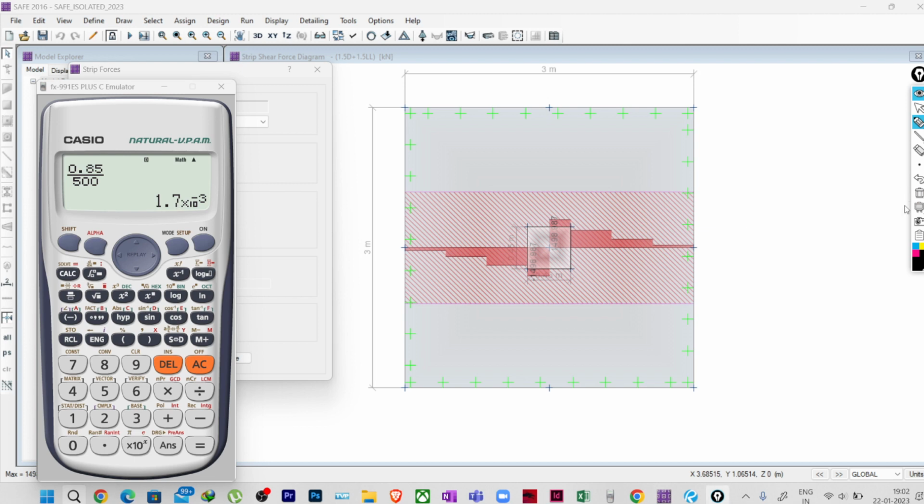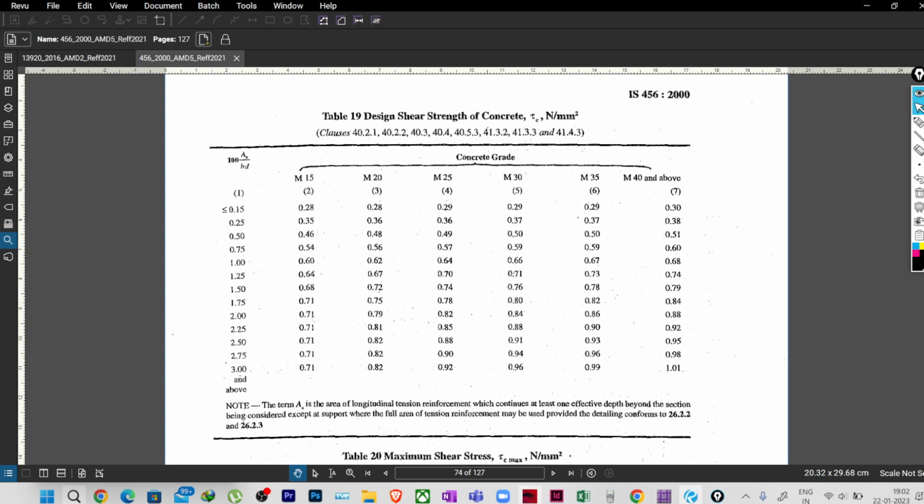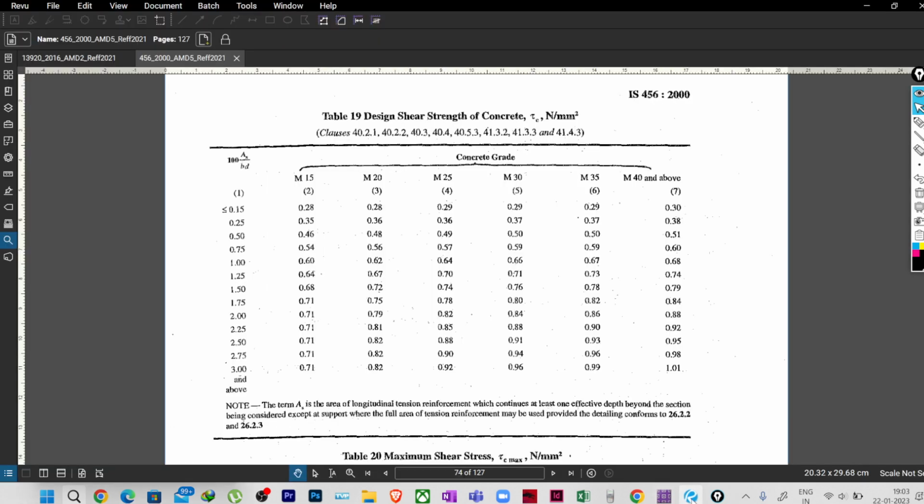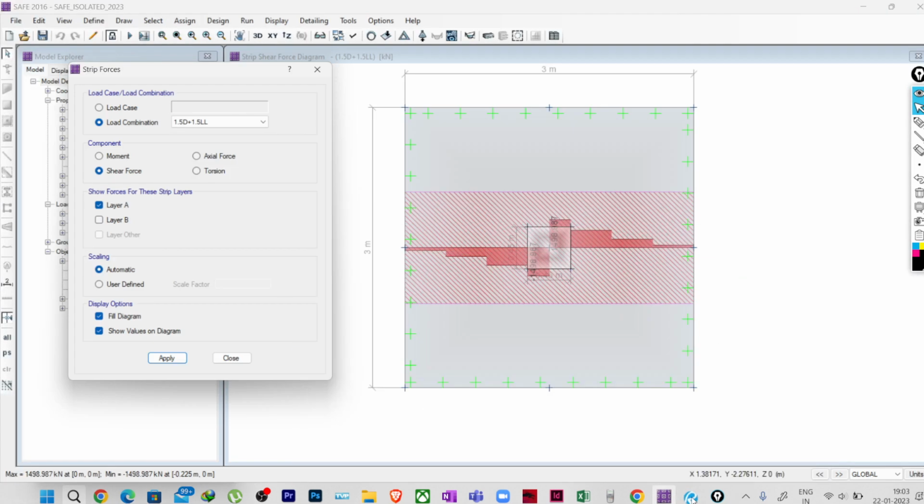Fine. Here if you see in this code, it starts from 0.15. Obviously we will be going with 0.17. We don't know how much reinforcement we are providing. Obviously if you increase the reinforcement, the one-way shear capacity will be increasing. Now here not design shear stress, design shear strength will be increasing.